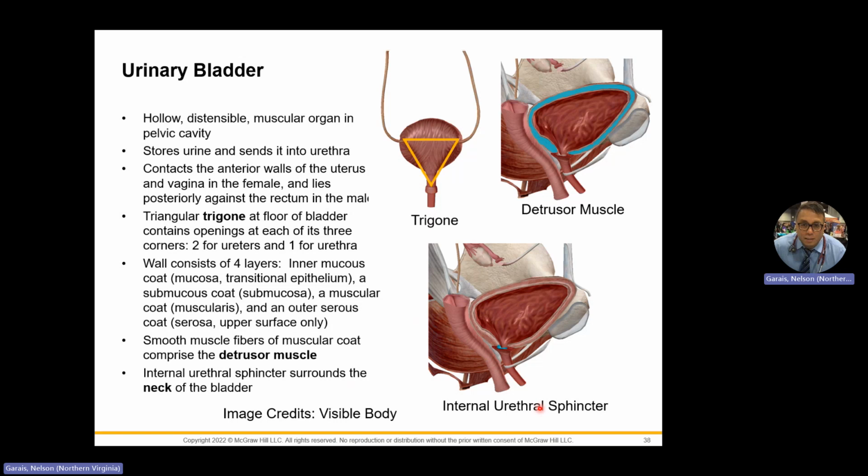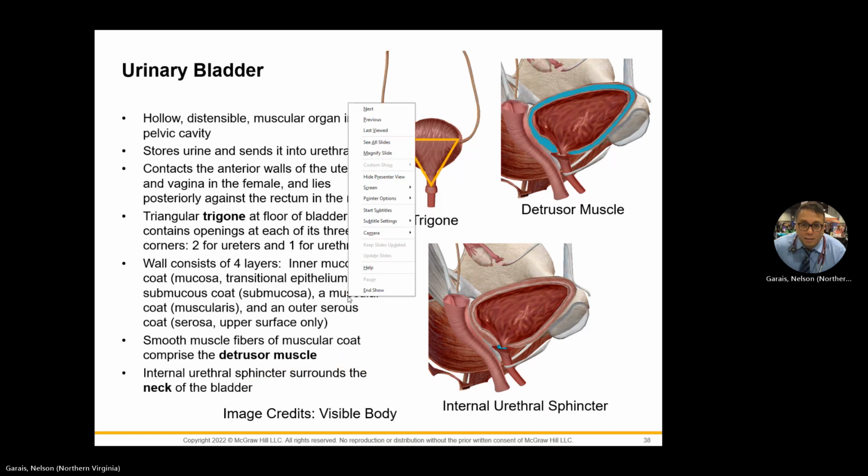The external urethral sphincter, you can hold for only so long, for the same reasons that we talked about in the gastrointestinal tract as well. And there are smooth muscle fibers in a muscular coat which covers the entire urinary bladder, and that's called your detrusor muscle.